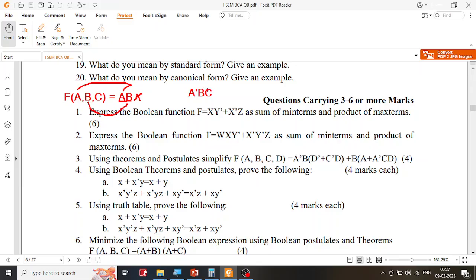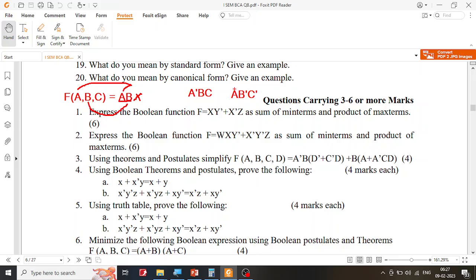So b and c are in the true form and a is there in the inverted form. That's okay. Whether you have something, for example, if you have one more term here, a b dash c dash, this is min term. Why? Because it contains all the three variables. A, B, C were the three variables and it contains all the three variables.